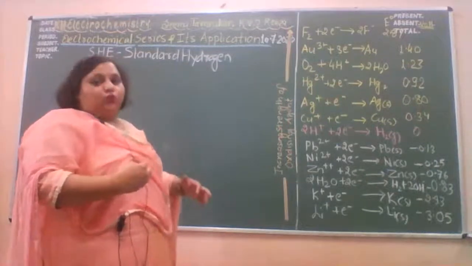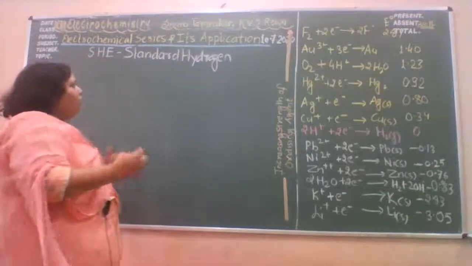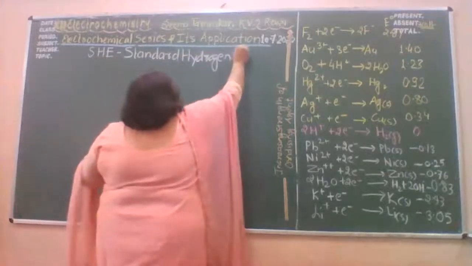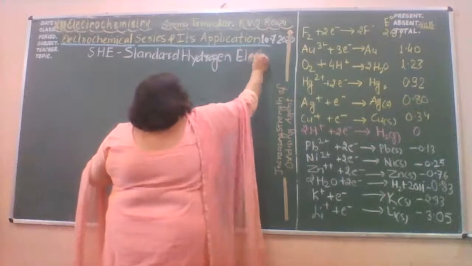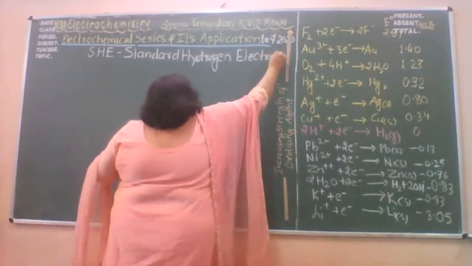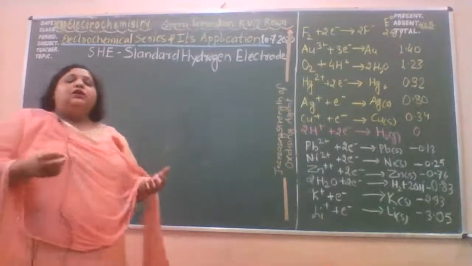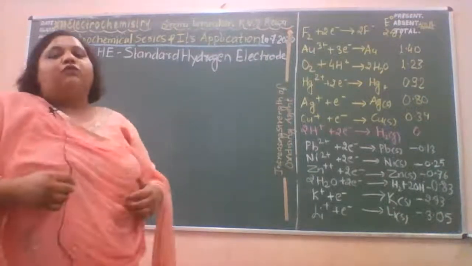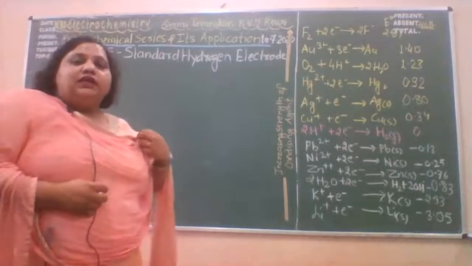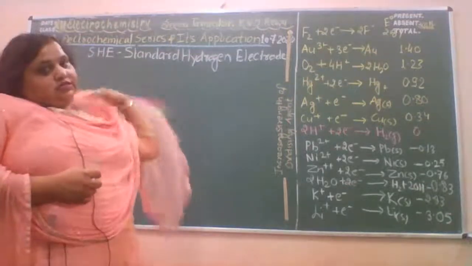It is not calculated. When I taught you the standard hydrogen electrode, I taught you this, that IUPAC has assumed, not calculated, that the value of electrode potential of standard hydrogen is 0.